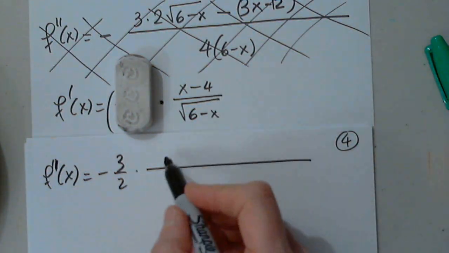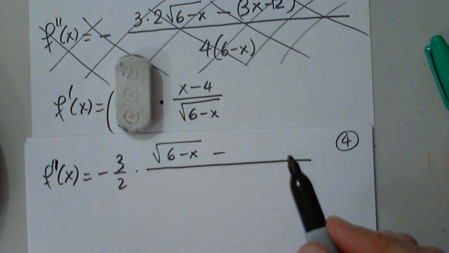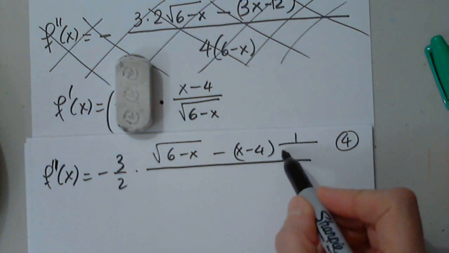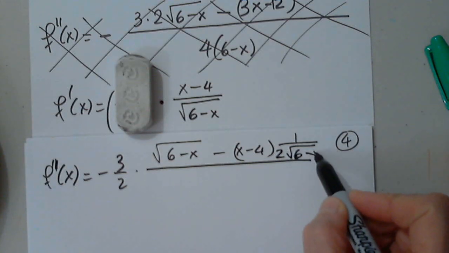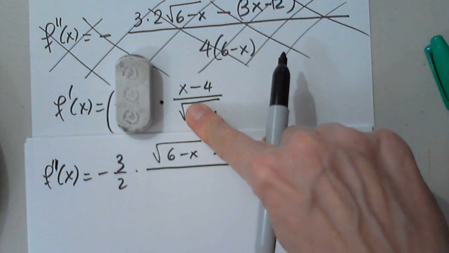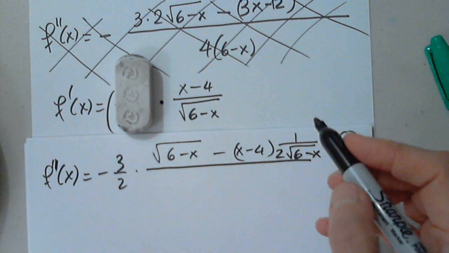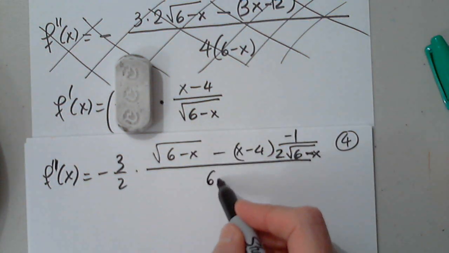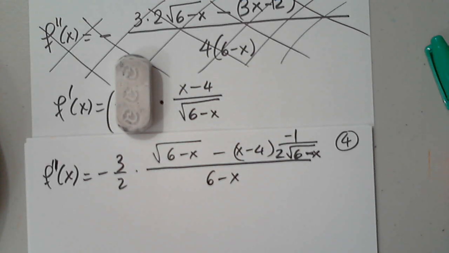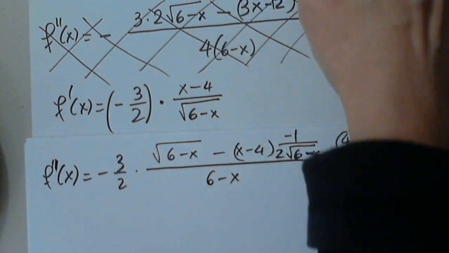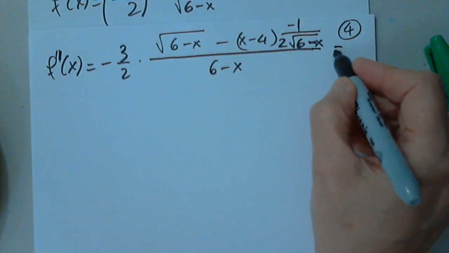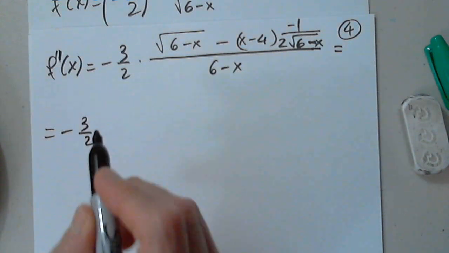The top prime is 1 minus the top times the denominator prime, which we know is 1 over 2, the square root of 6 minus x times the inner function prime over the denominator squared. Okay, fine. Negative 3/2 in front.